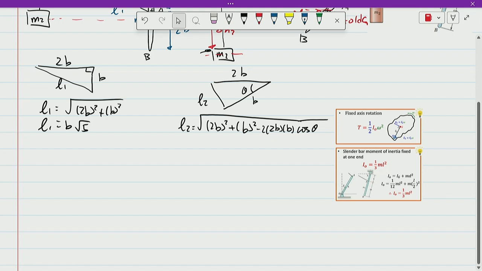It takes a tiny box on your crib sheet. If you don't have it, chances are the question is not going to give it to you, because that's what the crib sheet is for. Then L2 is going to give you b times the square root of 5 minus 4 cosine theta. Questions?